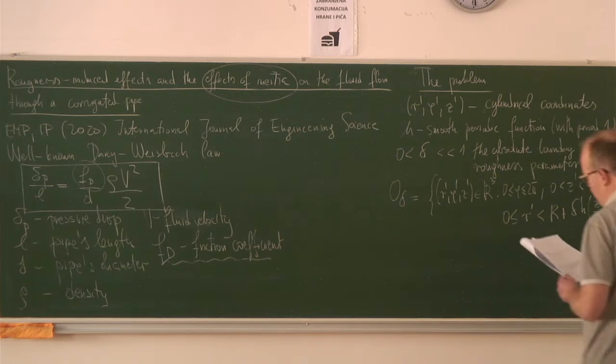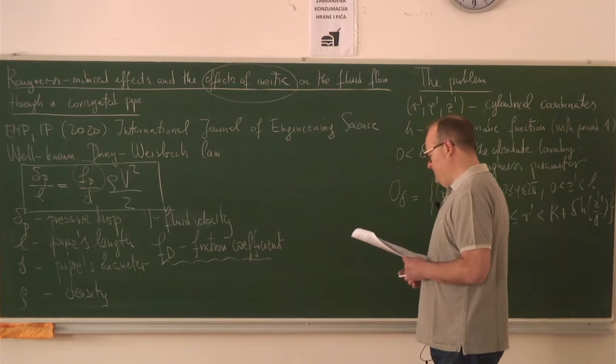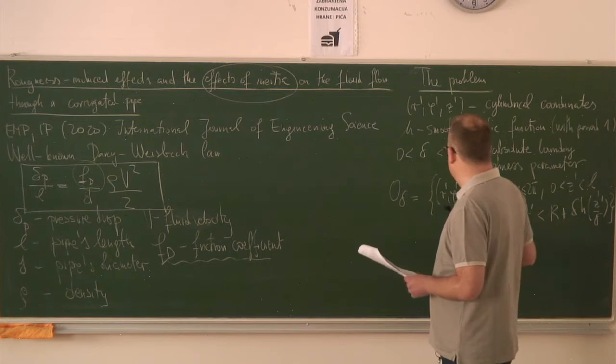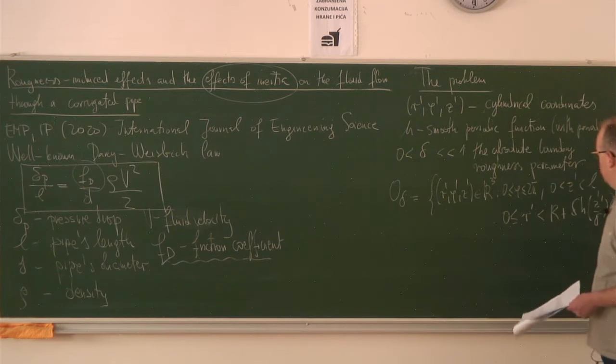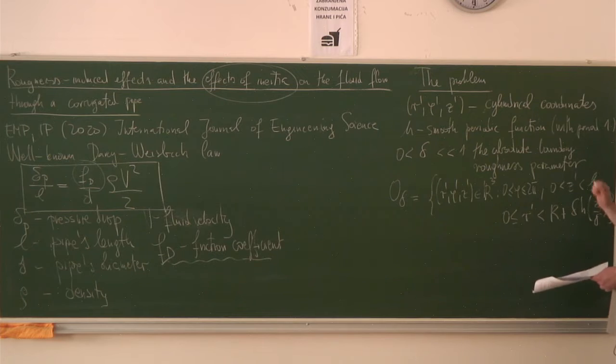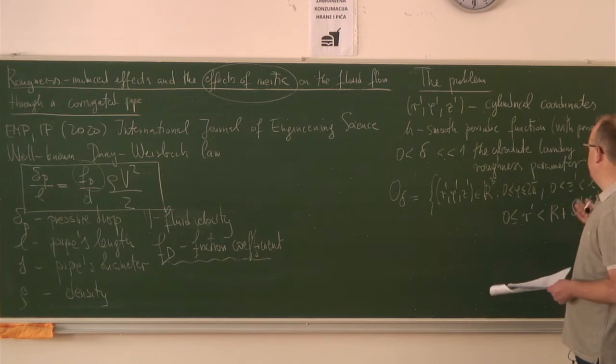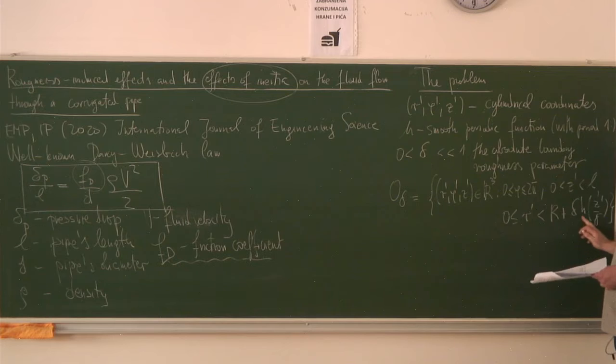So essentially, we have a pipe. I have to spare the space on the blackboard. I don't want to erase too much time. So we have a pipe with a rough boundary, and this roughness is described by this function here, h, which is given in advance, and this parameter, which is small.